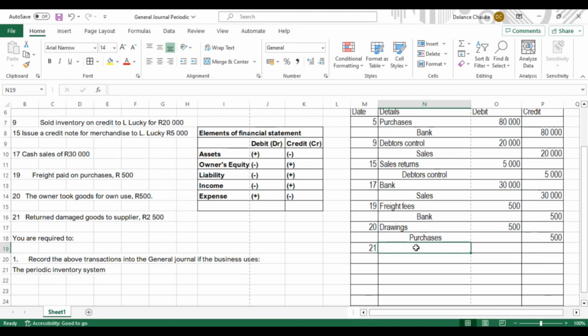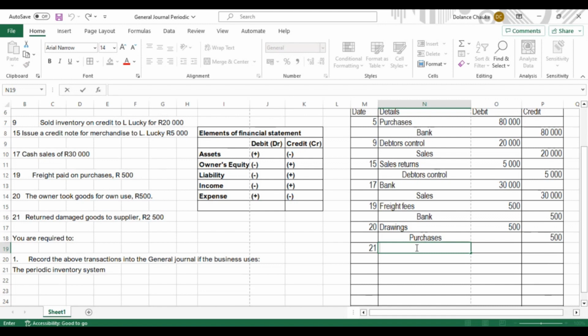Okay, right. And then the last transaction says returned damaged goods to the supplier, 2,500. So here you as a business are taking back damaged goods to the supplier that you purchased. Your suppliers are called creditors here, so you are going to debit creditors. Two accounts are affected: creditors and purchase returns, which are the goods that you purchased.